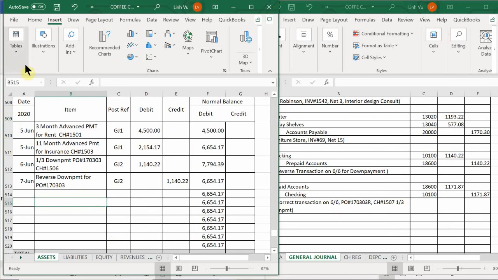So here, date is going to be 6/7. And this is going to be 1/3 down payment on purchase order number 170303R. And this time, this is check number 1507.